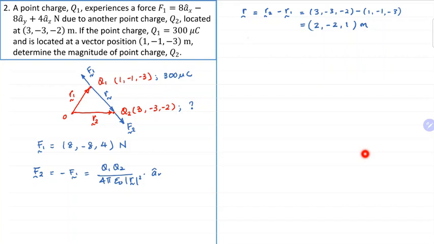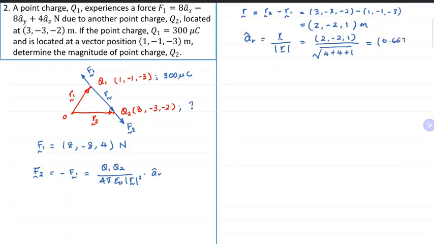And then the unit vector of this, which is the vector R over the magnitude of our vector R, square root of 4 plus 4 plus 1, just gives us (0.667, -0.667, 0.333). Let me write it down at the bottom.